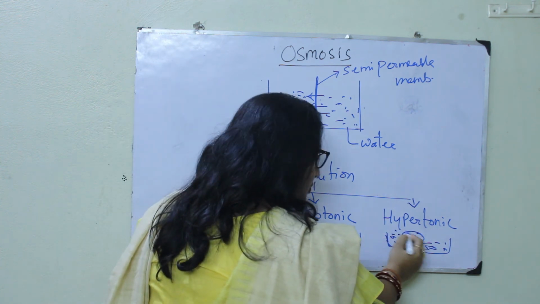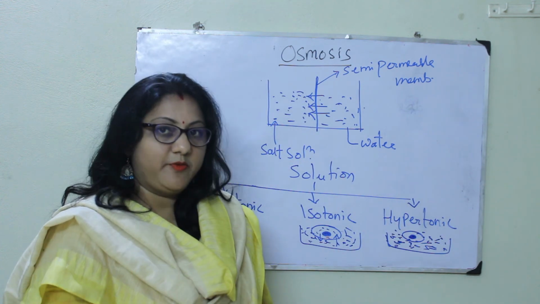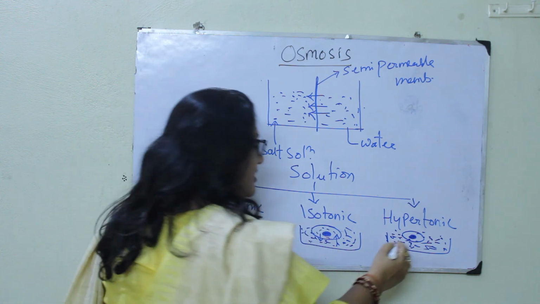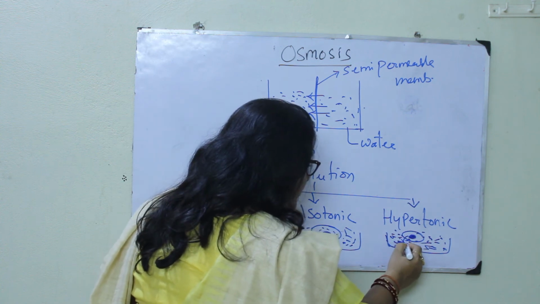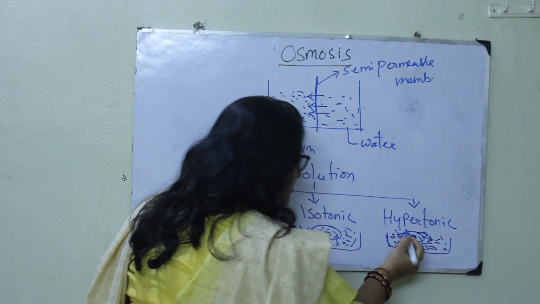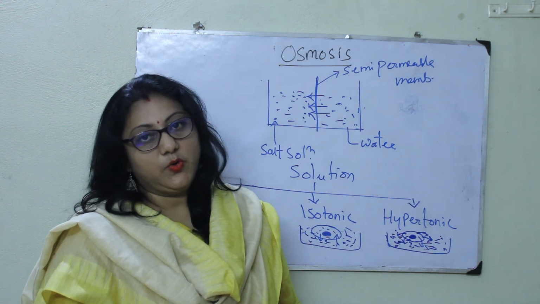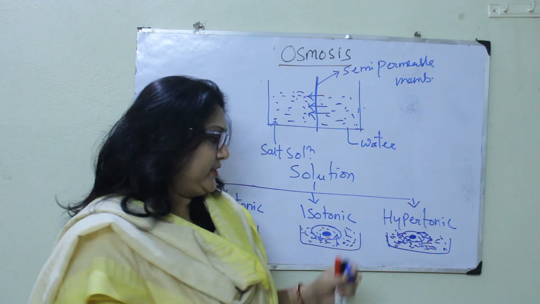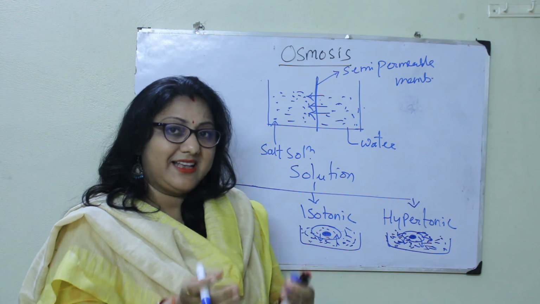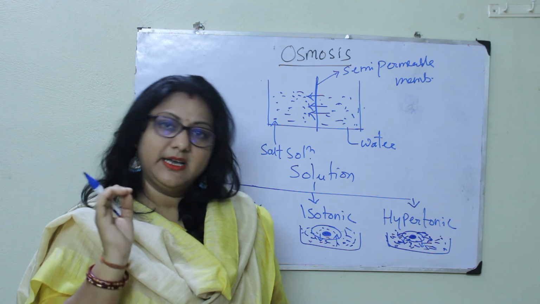Where will the water move? What is the direction of water movement? Definitely the water will start moving out of the cell to the solution. Why? Because as per the rule of osmosis, the water will move from its higher concentration area to the low concentration area. Clear? So solutions where the water concentration is less compared to the cell cytoplasm are called hypertonic solutions.